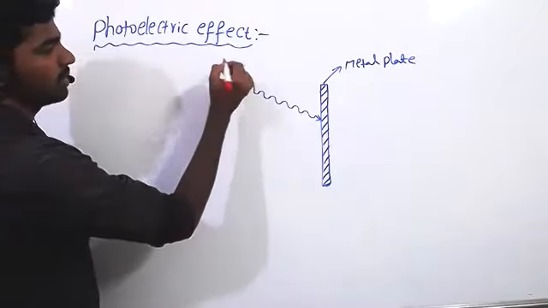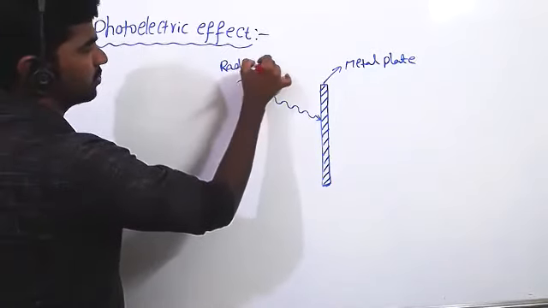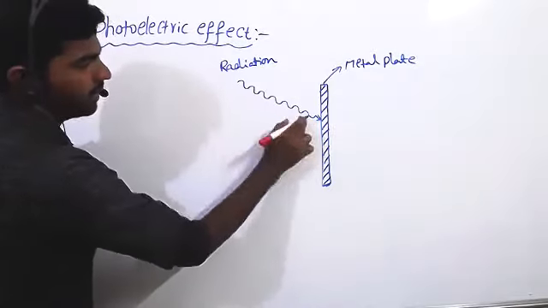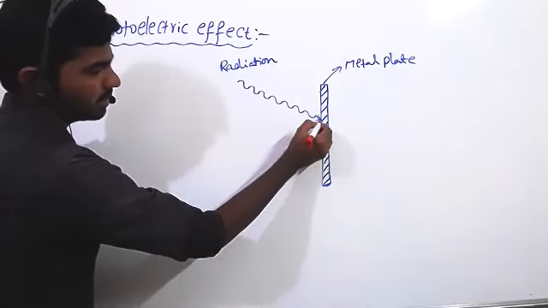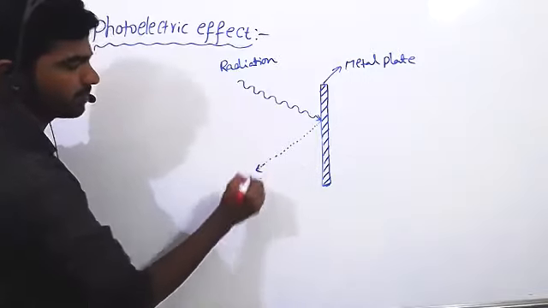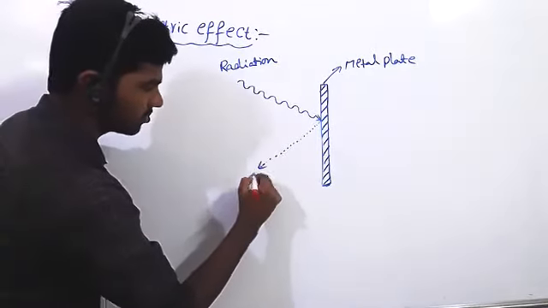This is the initial radiation. So when radiation strikes this metal, some particles are ejected from the metal plate. These particles are called photoelectrons.